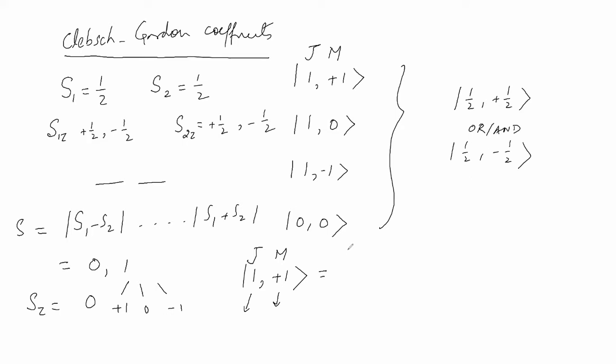Now this is only possible, as the projections are algebraically added, if both of the projections are plus half, such that we have a plus 1 here. Therefore, the constraint that m should be plus 1 forces the spin projection for both the particles to be plus half.